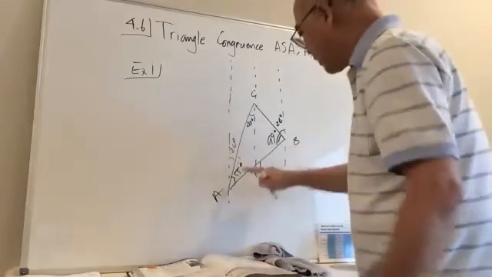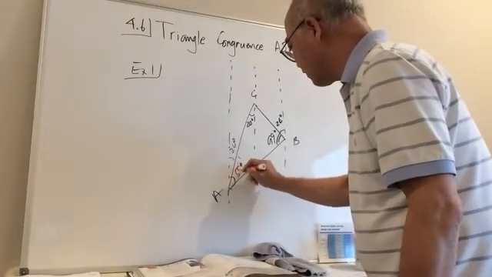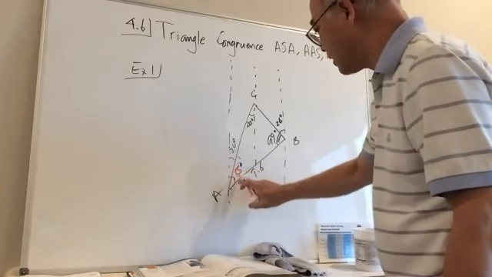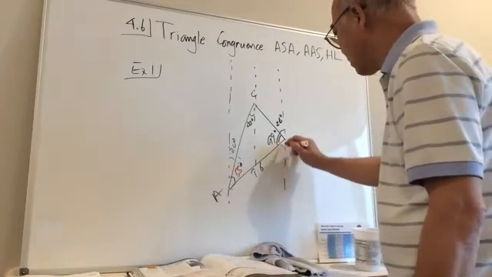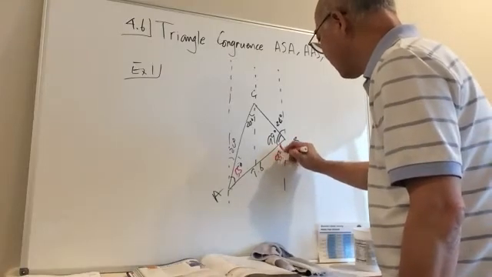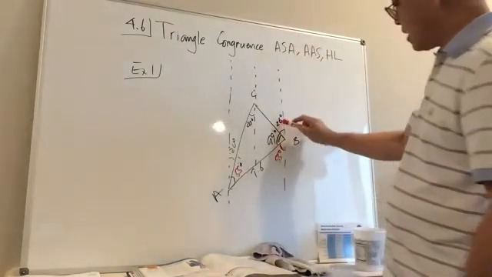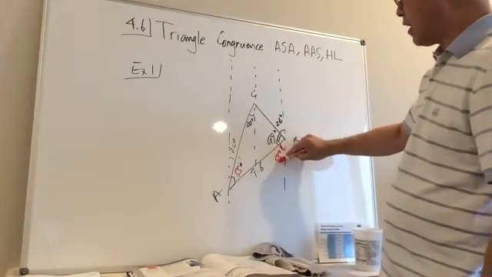I know that this angle is 55 degrees, so from here to here is 55, which means here to here is 55. I know that these three angles have to add to 180.